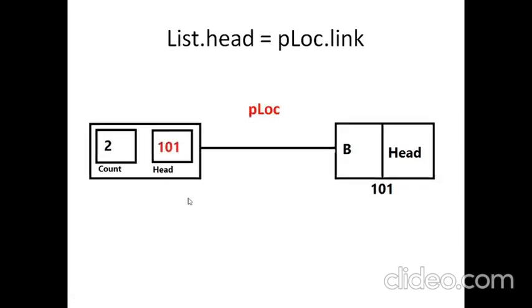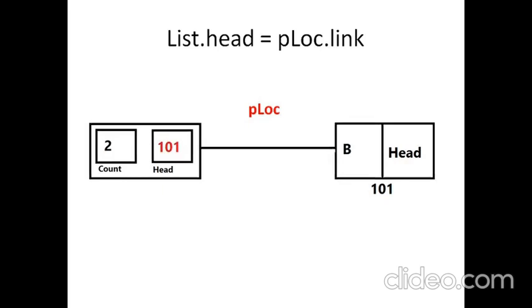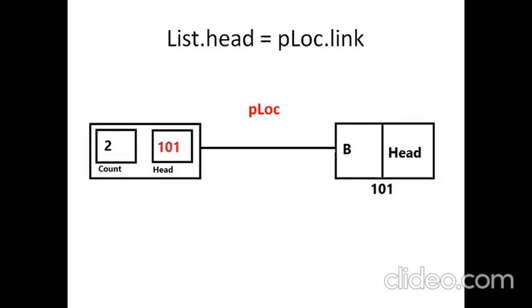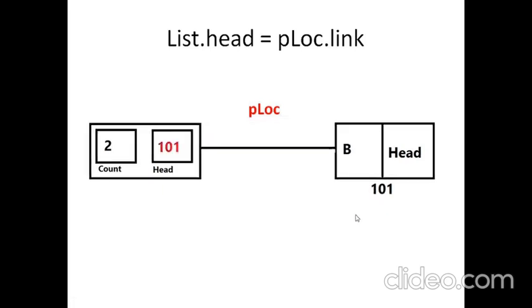What will happen? So it gets automatically removed. Once the node goes out of the link, it can be treated as deleted. The memory will be revoked by the operating system and it gets automatically removed. So this is the simple step for deleting the first node. Just copy the link of the node to be deleted into the head and the deletion is completed.